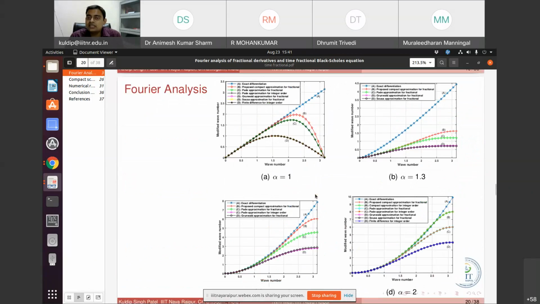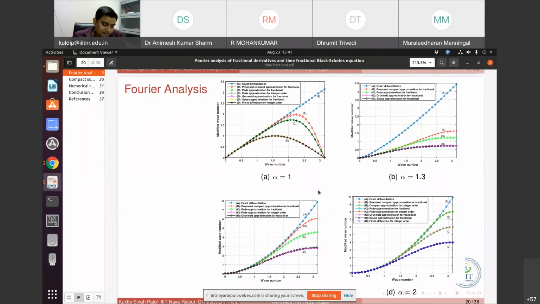But Fourier analysis is okay; what about the applicability of this compact scheme for time and space fractional derivatives? So second, as I said, I worked mainly in numerics, so I'll talk about the numerics in detail. So first, please see that paper in detail.